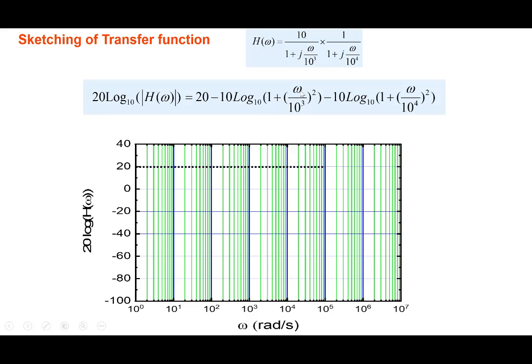This term begins to depart from 0 dB when omega becomes comparable with 10 to the power 3. A simplified sketch of this term, let me emphasize, a simplified sketch, is to keep it as 0 up to 10 to the power 3.